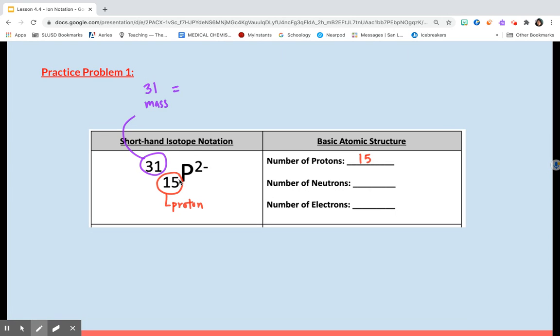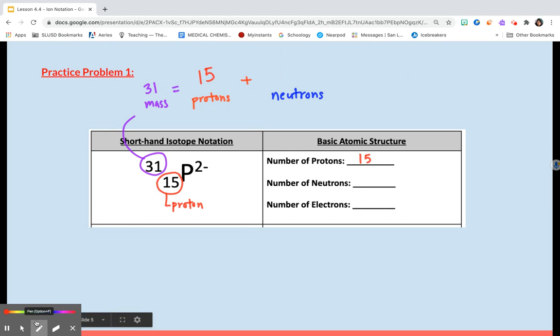It is made up of two numbers, the number of protons I have plus the number of neutrons that I have. So if we know how many protons we have from this bottom number, we can figure out how many neutrons I have. So here I have 15 protons, as shown to me here. So to figure out how many neutrons I have, I can just do 31 minus 15, right?